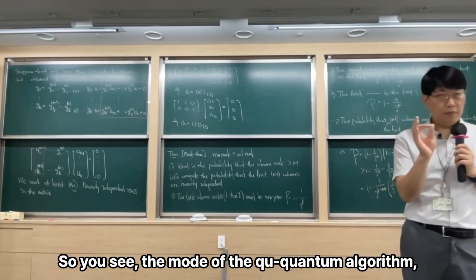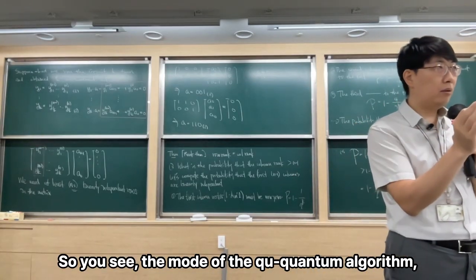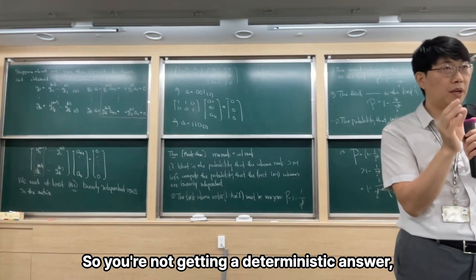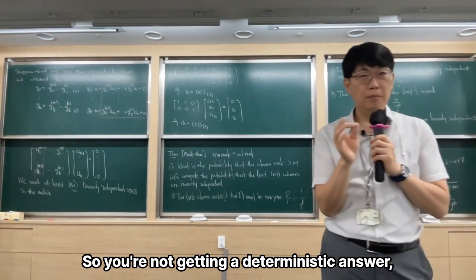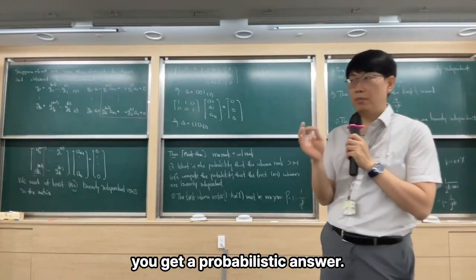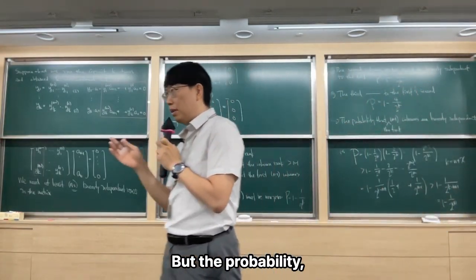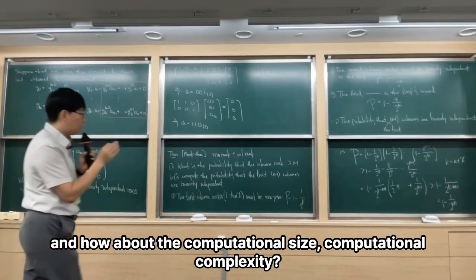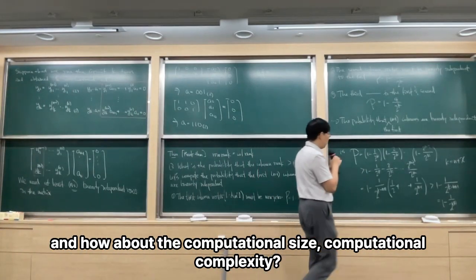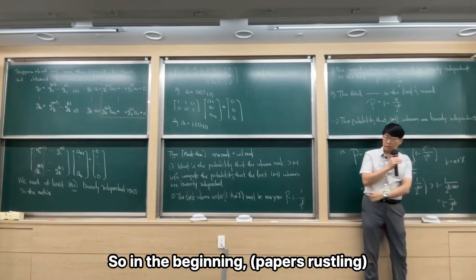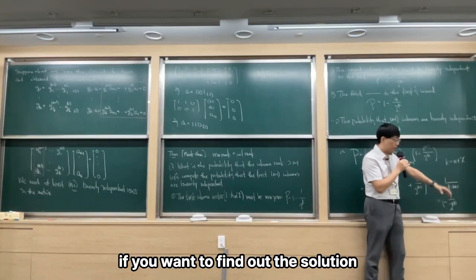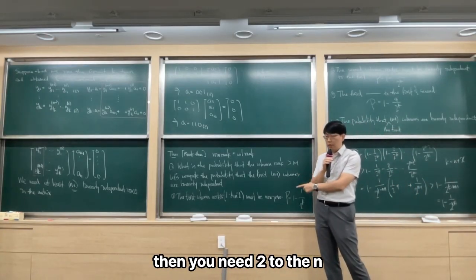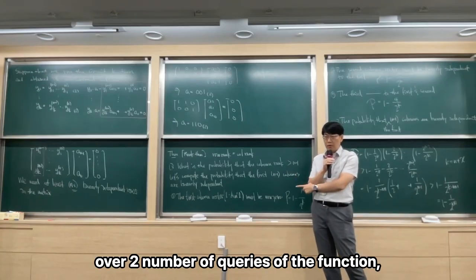So you see, the mode of the quantum algorithm is a bit different from the classical one. You're not getting a deterministic answer, but you get a probabilistic answer. But that probability is quite good. And how about the computational complexity? In the classical situation, if you want to find the solution with a classical computer, then you need 2 to the n over 2 queries of the function.